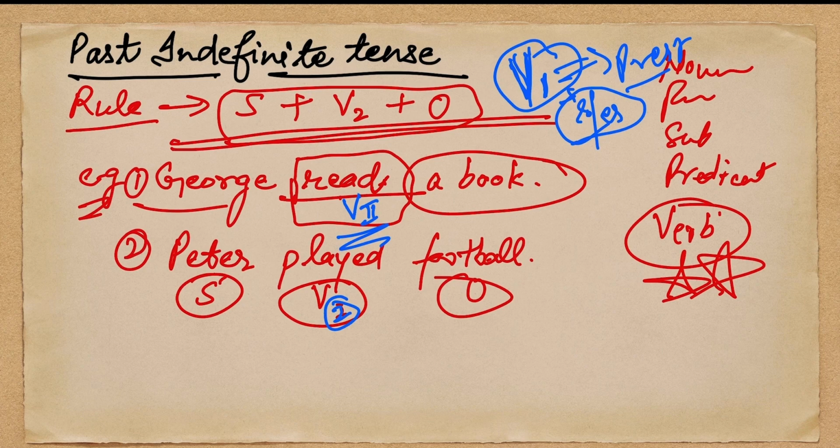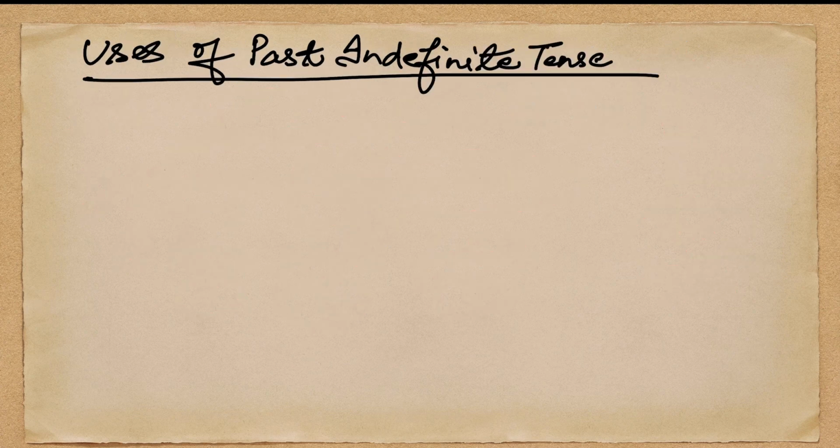And now let's move further. Yes, we can discuss the uses. So first use, if we talk about past tense, it represents the activity which we did in the past.